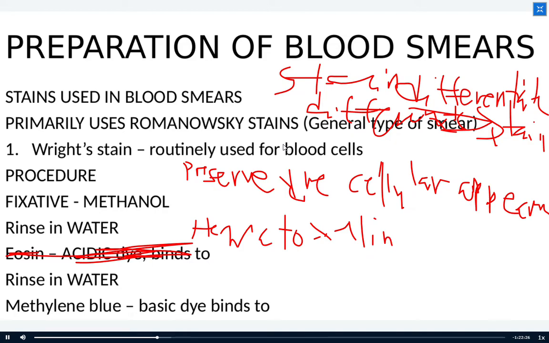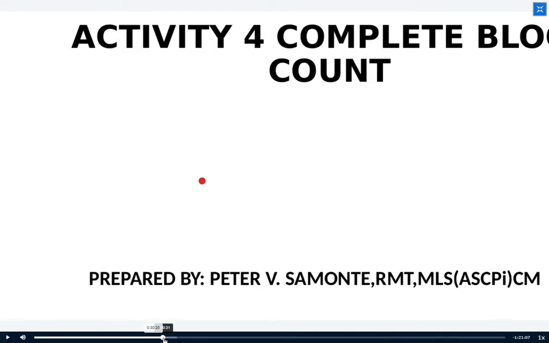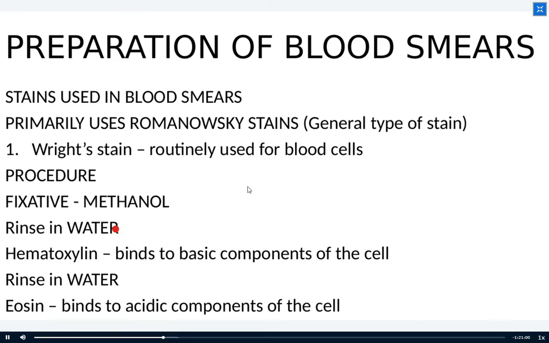I-edit ko na lang. Then you have to rinse it in water to remove the excess methanol. Followed by that, you're going to put it in hematoxylin, class.